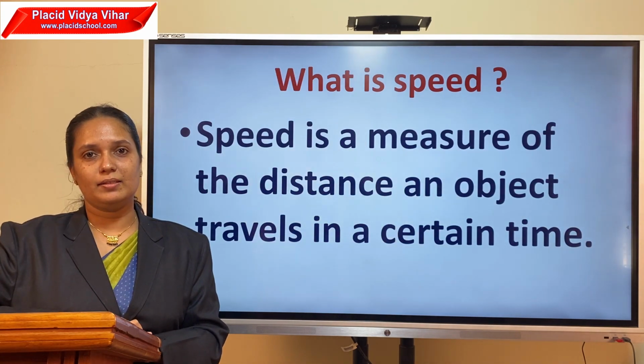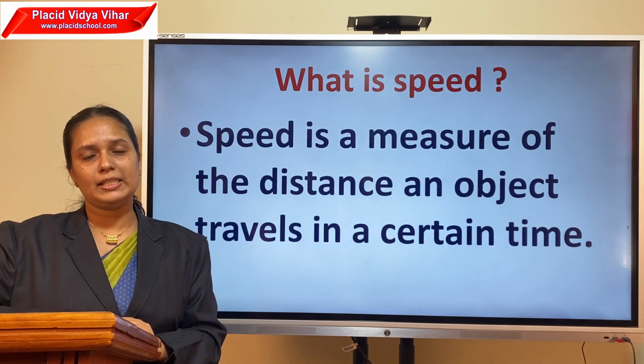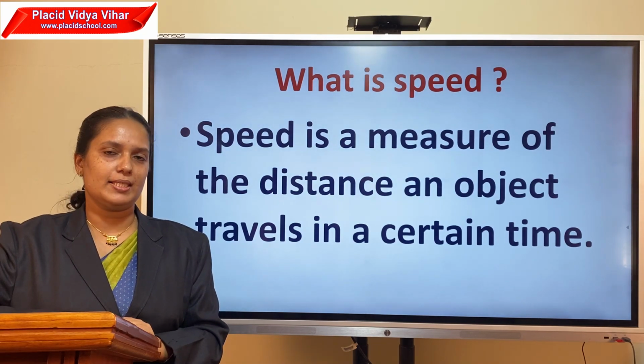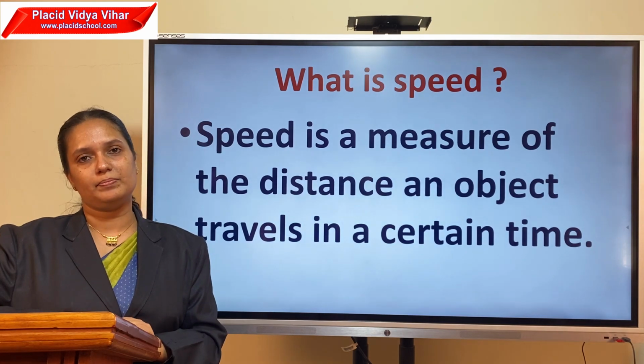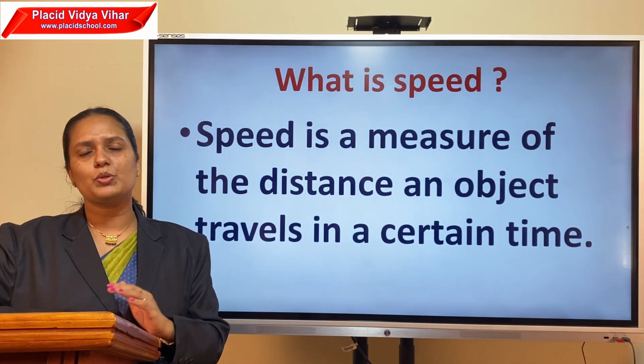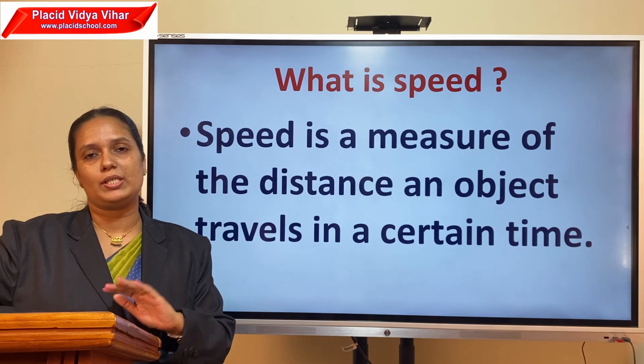Let us start. What is speed? The term speed is very familiar to all of us. Now let us see how speed is defined in physics. Suppose we need to travel from Kottayam to Kochi.